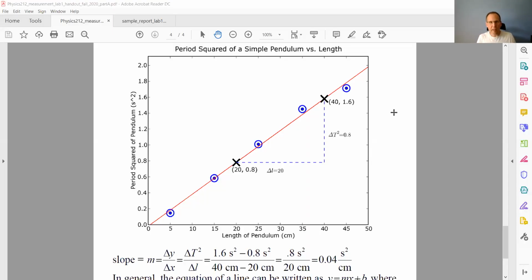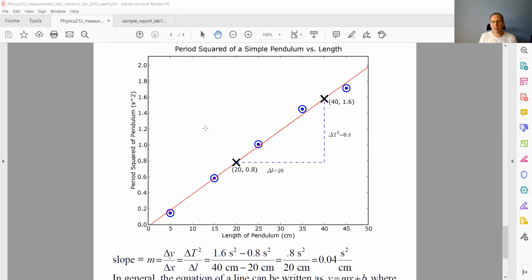Okay, so here's something that's really interesting. If I do a graph and I plot period squared, so if I square my period values and plot them on the y-axis versus length on the x-axis, it turns out that the relationship is linear. So here are my data points, and I can do a line of best fit through those data points.